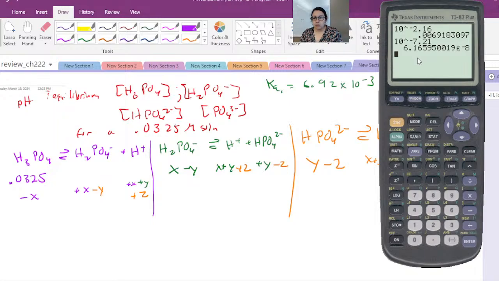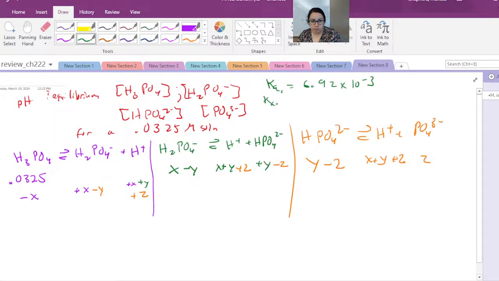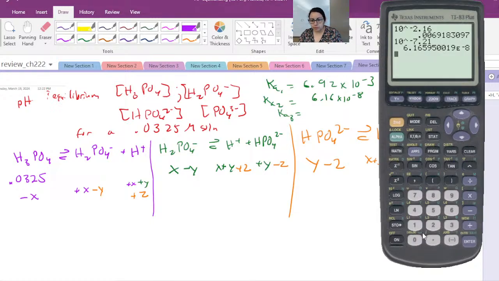So about 6.16 times 10 to the negative 8th. And then the last one was 12.32. 10 to the power of negative 12.32, I should have been saying. So 4.98 times 10 to the negative 13.